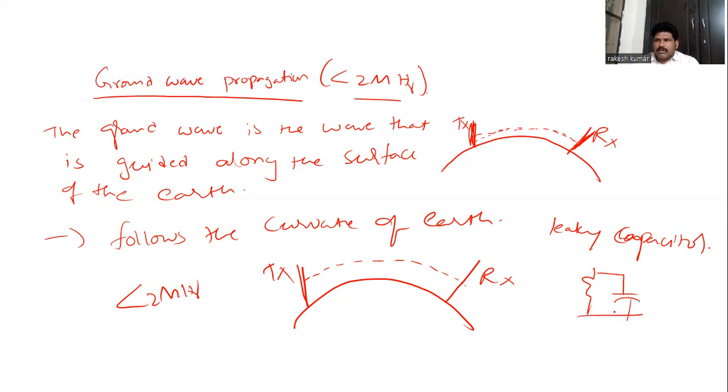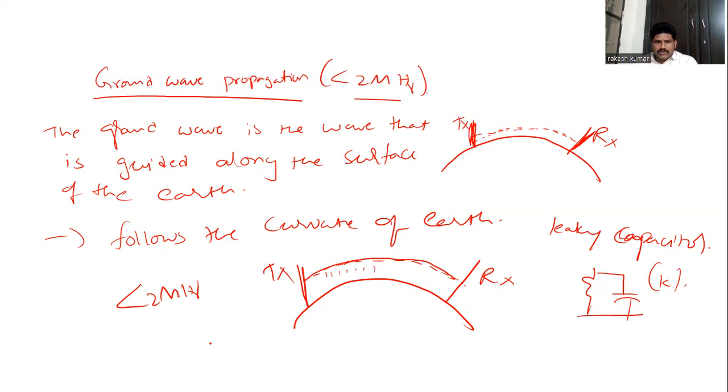This behavior of the Earth as a conductor may be described in terms of conductivity and dielectric constant.